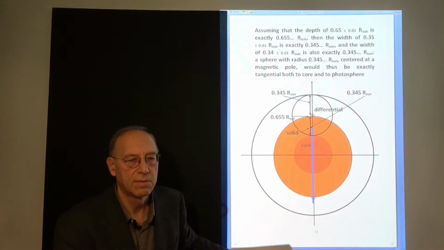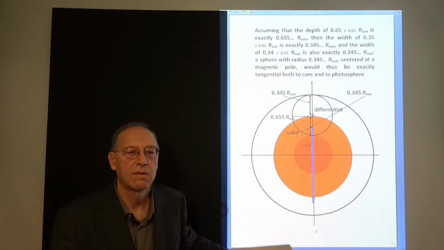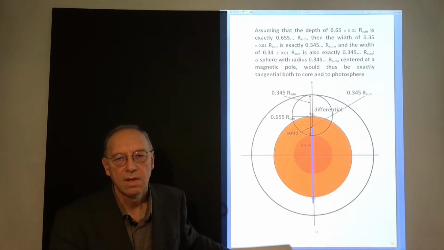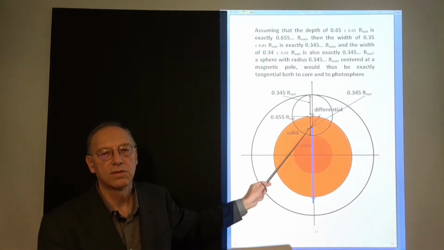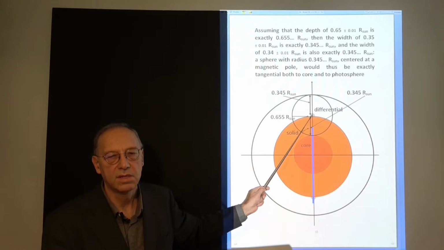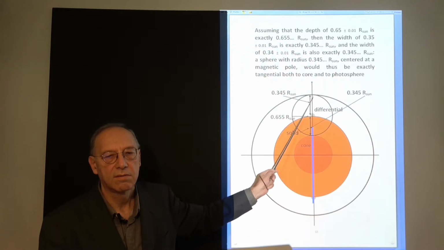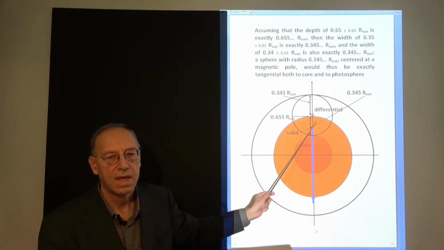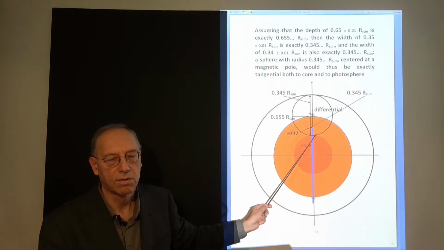This is the fundamental finding. And why is it important? Because it allows us to imagine an imaginary sphere having its center here at an equivalent pole of the solar magnetic field, and a radius which makes this sphere be tangential to the photosphere, the outer envelope of the Sun, and also to the solar core.